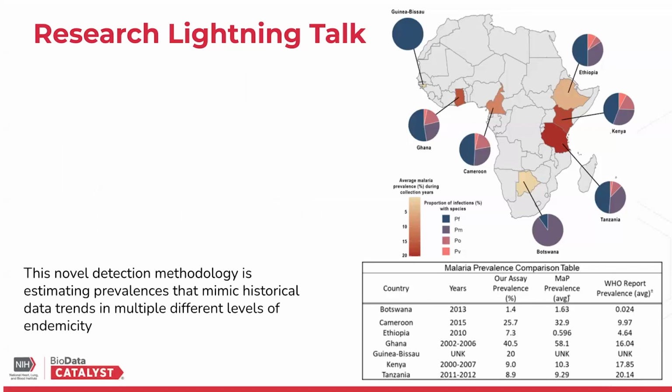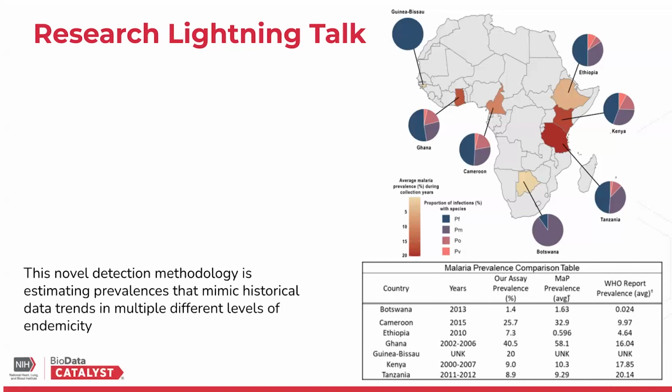But does it actually work within the context of historical data? Because when you're building something like this, you really want to make sure that it makes logical sense. I'm happy to report the most exciting thing about this project is that the estimations we're finding fall in line with two very prevalent databases on malaria prevalence: the Malaria Atlas Project, which works primarily in children, so they tend to have a really high measure of prevalence, and the WHO, which is just countrywide.